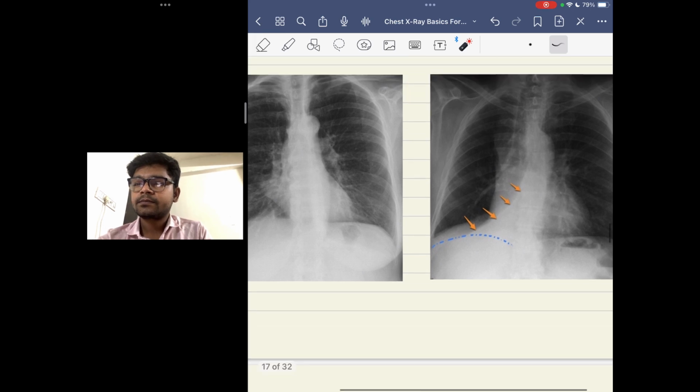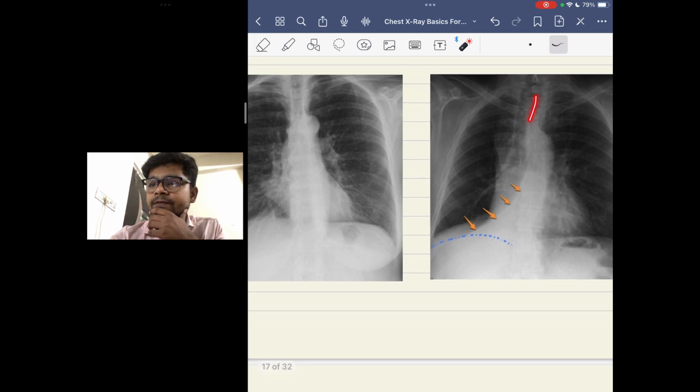Right. The trachea is shifted to this side, and there is a triangular-like opacity and the diaphragm should have been here. The diaphragm is here. So it is the medial side of the diaphragm that is also not visible.